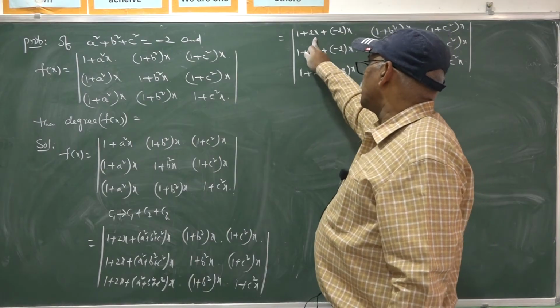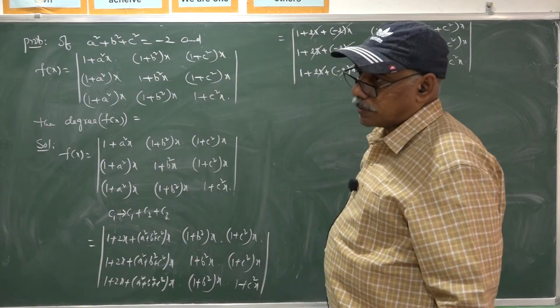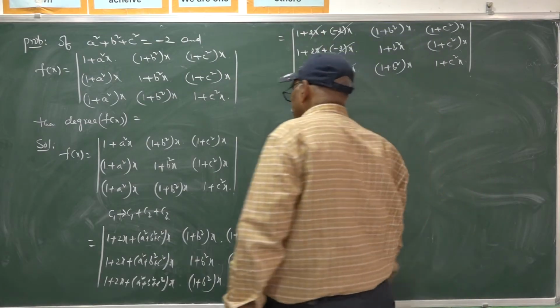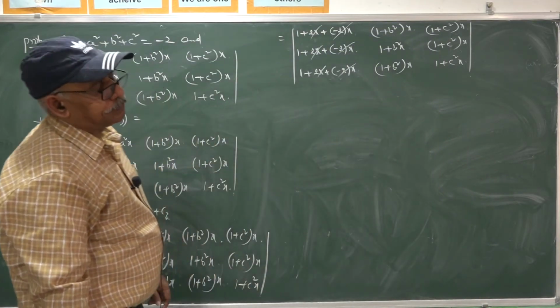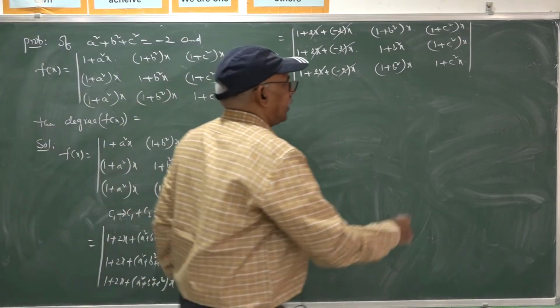Here 2x minus 2x cancels, 2x minus 2x cancels, 2x minus 2x cancels. The first column elements become 1, 1, 1.